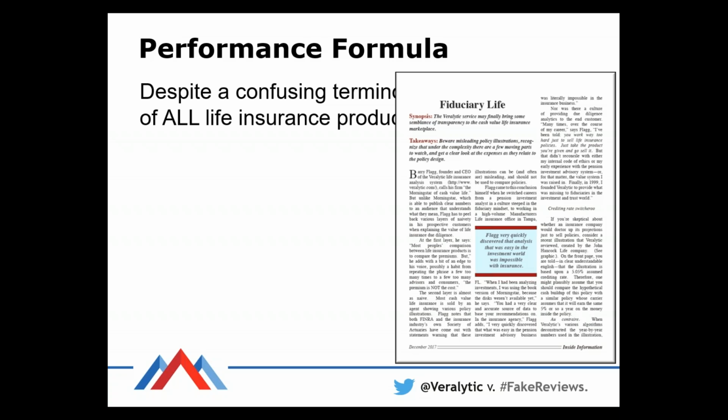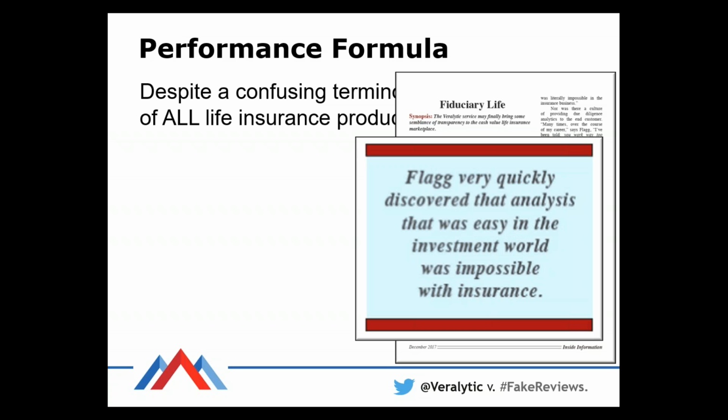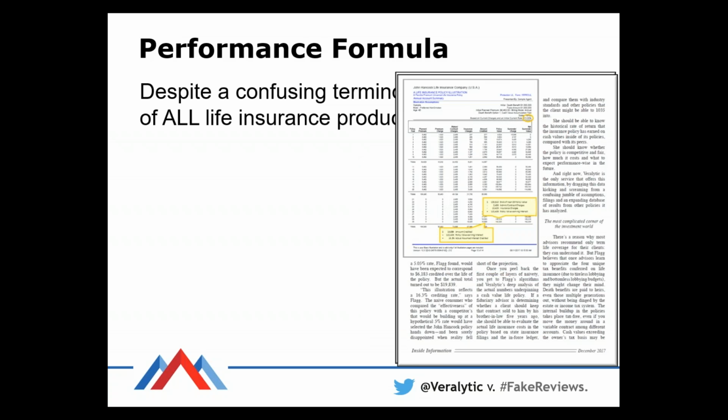Bob Veras wrote an article called Fiduciary Life. If you are not a subscriber, Bob has given me permission to share this. In that article, he talks a little bit about my background and how I had discovered early on, as John discovered early on, that it was next to impossible to analyze insurance the way I was able to analyze investments without getting this type of information.